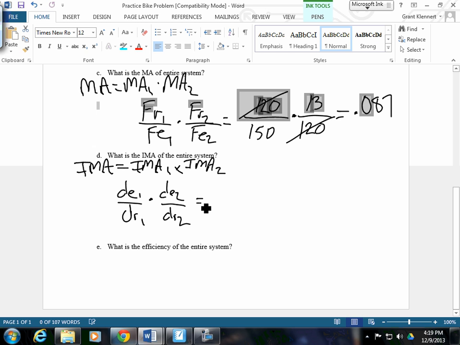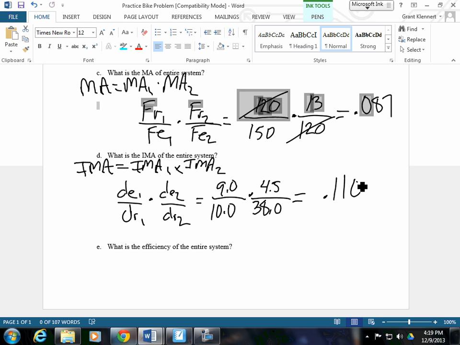We plug in numbers. Our DE1 was 9.0 centimeters, our DR1 was 10.0 centimeters, times our DE2, which is 4.5, divided by our DR2, which is 38.0. Multiply and divide, and our IMA ends up being 0.110, or 0.11 since we're stuck with two sig figs.